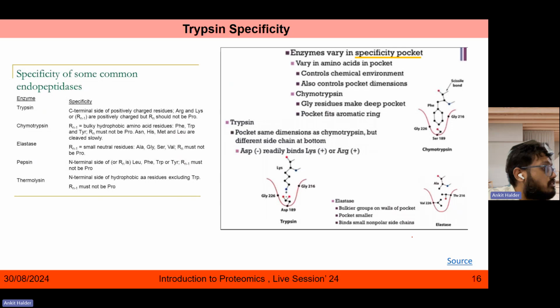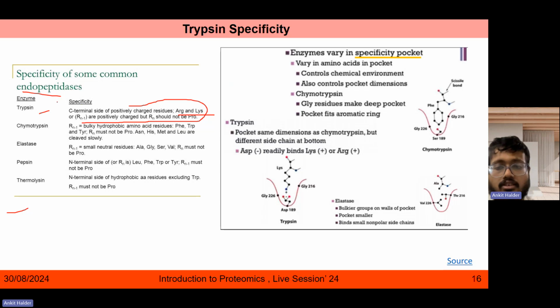So what is the specificity of some common endopeptidases? Trypsin cleaves at the C-terminal side of positively charged residues, arginine and lysine, but not if there is an immediately following proline, which will interfere and not give the desired result.